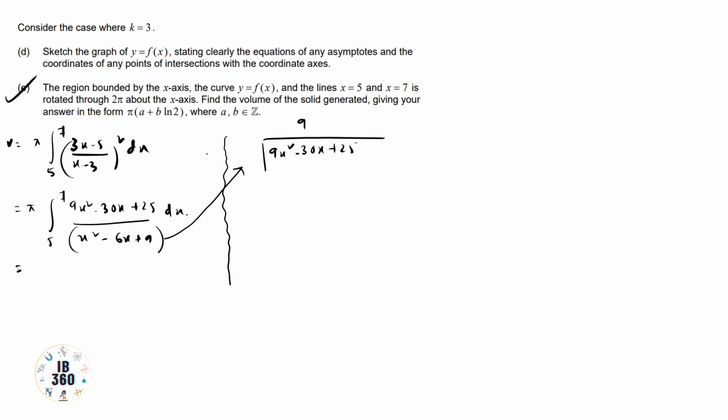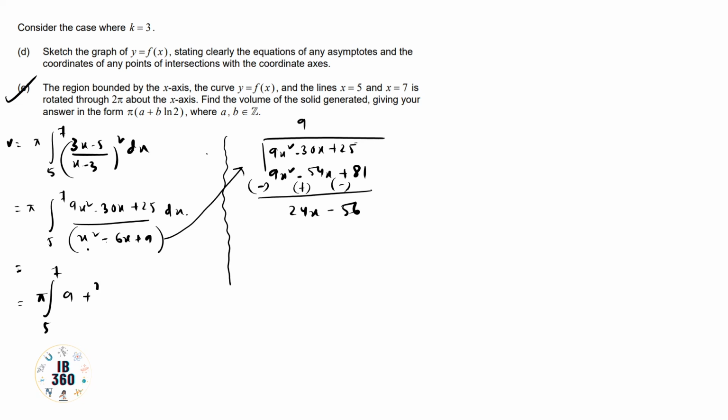So if it is 9, then 9x square minus 54x plus 81, so it is minus, plus, minus, so I am having 24x minus 56.